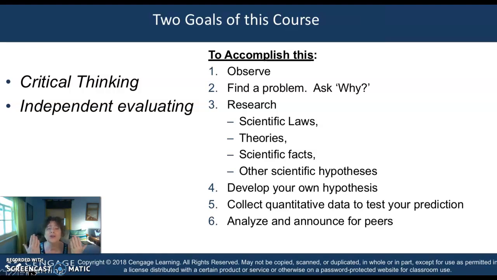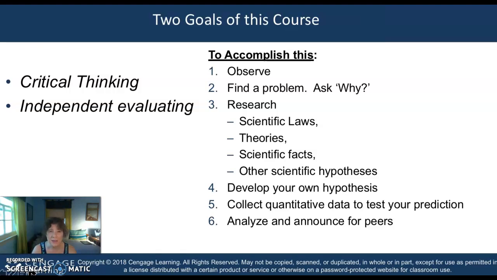Then you look to bringing in and developing your own hypothesis or your own prediction about a solution. We'll go over that more. And establishing quantitative tests that can measure and test your prediction.